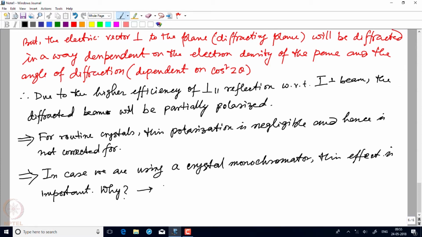Because the incident beam itself will be polarized, and hence secondary polarization will take place.